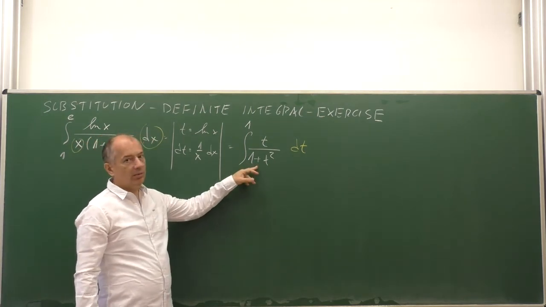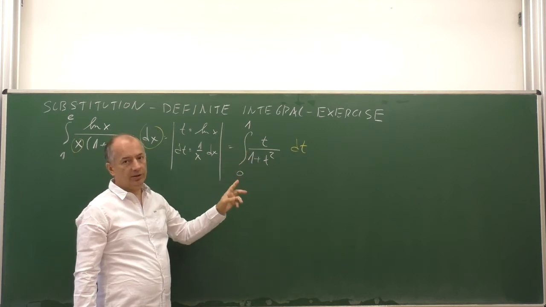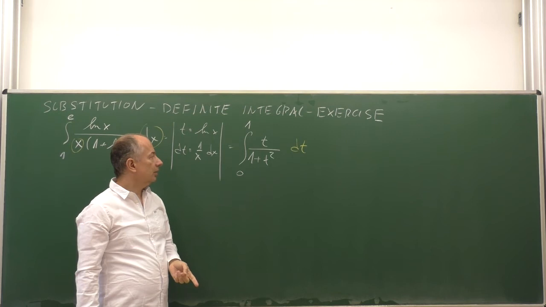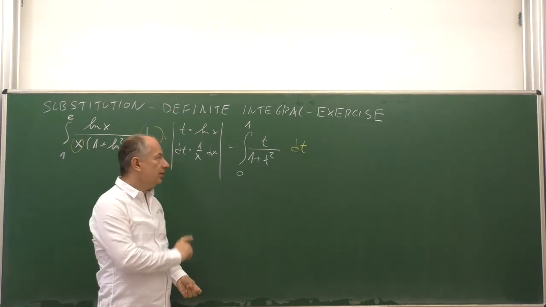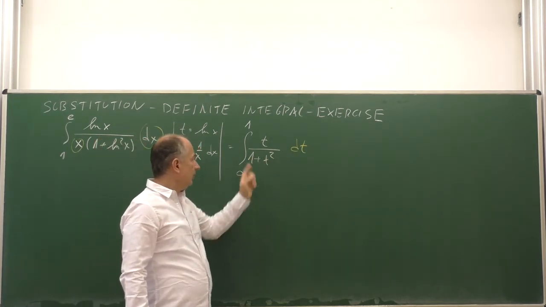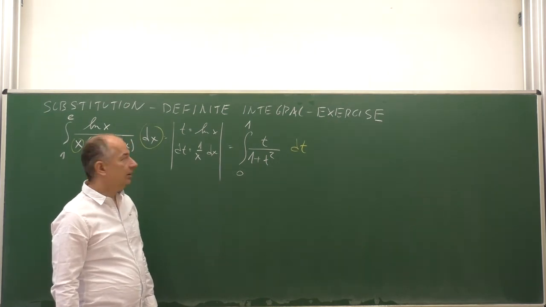Well, this can be done by the trick that the fraction where the numerator is the derivative of the denominator can be computed. But as a practice, let's use once again substitution. This time it would be nice to have a single letter, a single variable in the denominator.